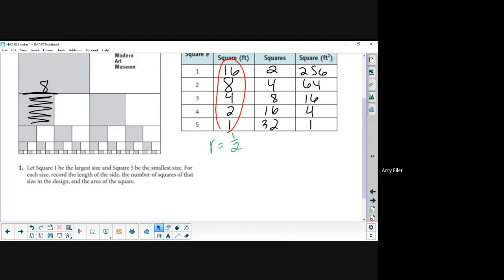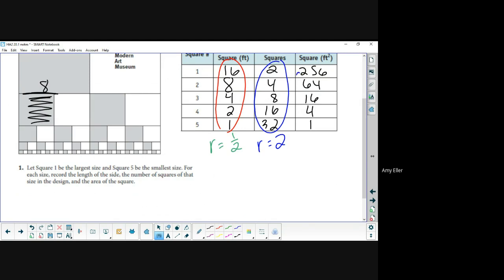Let's look at our second list of numbers. 2, 4, 8, 16, 32. Are we multiplying by the same thing to get the next term? Yeah, we're multiplying times 2, times 2, times 2, times 2. So below the second column, put R equals 2. Now the next one, 256 to 64.